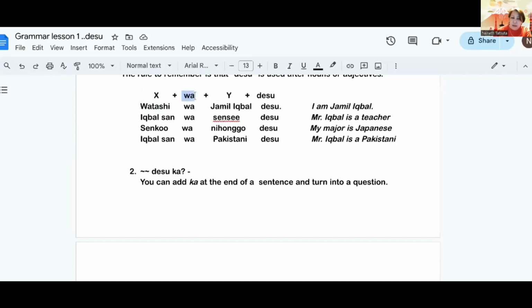It says something about the X and the Y. So when we say Watashi wa Jamil Iqbal desu, I am Jamil Iqbal. Or Iqbal-san wa sensei desu. Iqbal is the X with the particle wa, and the Y. So Mr. Iqbal is a teacher. It means the X is equivalent to Y. Simple as that.